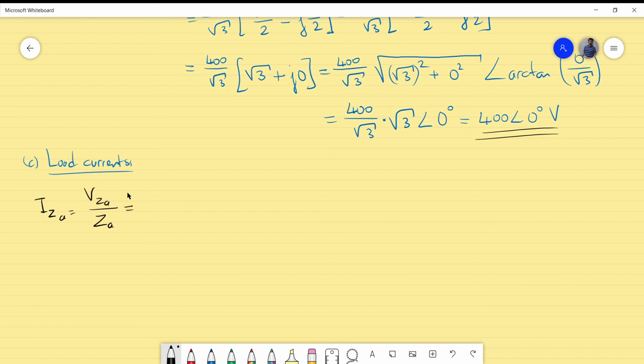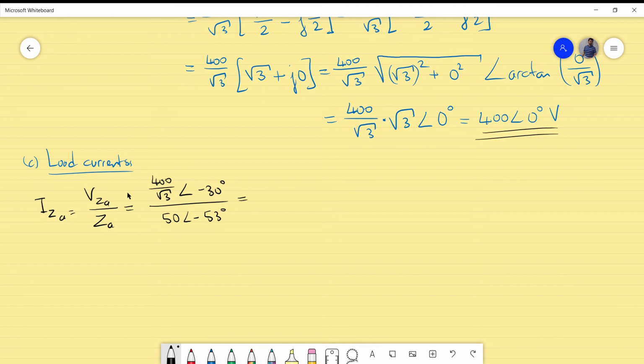That's actually the expression for the load current. So what is the expression for VZ of A? It was 400 divided by square root of 3, phase was minus 30 degrees, and divided by 50, phase minus 53 degrees.